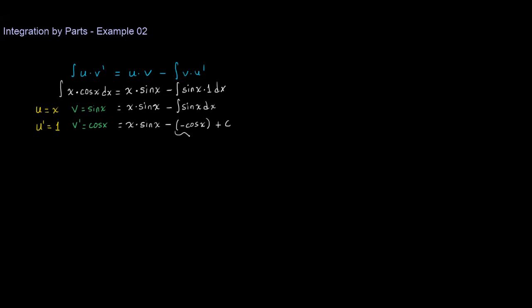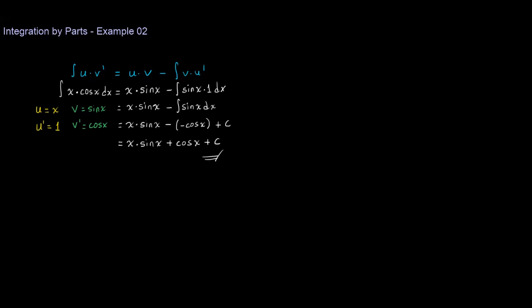I write this with a parenthesis because we have this negative sign outside, so I'm going to simplify it in the next step. I know I'm using a lot of steps, I'm just trying to make it as clear as possible. So it would be here plus cosine of x plus c. And there it is. This is the solution for the integral that we started with.